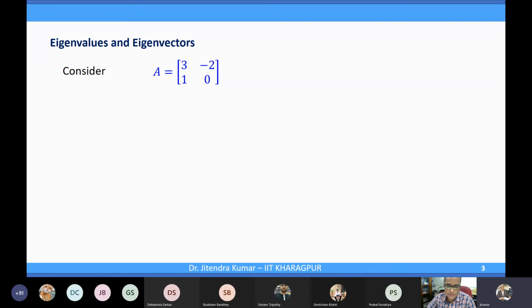Consider a matrix A, for instance, [3, -2; 1, 0], a 2 by 2 matrix. And this vector u = (-1, 1) from R2, and another vector v = (2, 1) from R2. Just make the product Au and see what happens.